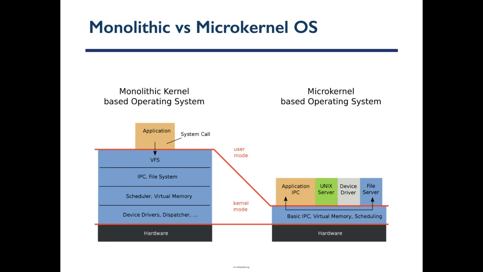On the left, you have the monolithic kernel model, where your device drivers are running inside kernel mode. Most of the services are inside the kernel, whereas the microkernel is really bare minimum and minimalist, and you bring everything else as functionality inside your user mode.